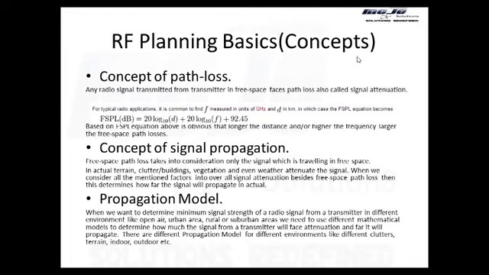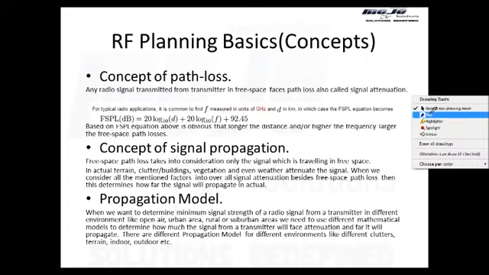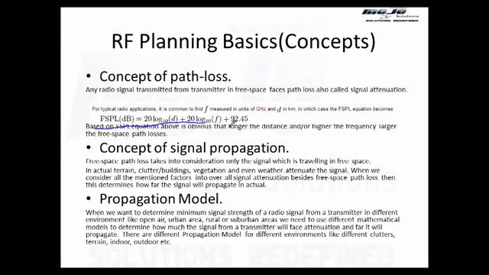So basically, whenever there is a signal, it has a loss. It has a loss because of the distance between the transmitter and receiver, which is free space path loss, represented by this equation which you can see over here.